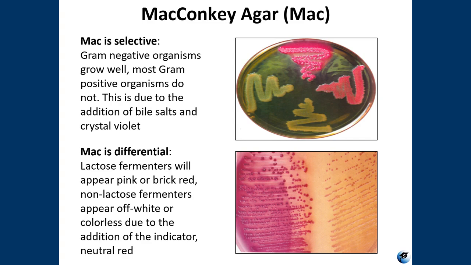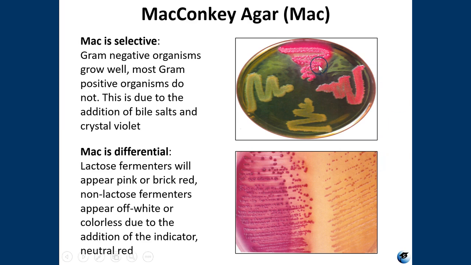So in general, gram-negative organisms will grow well, and most gram-positive organisms will not. It is differential for lactose fermentation. Your lactose fermenters will appear pink or sometimes brick red. Non-lactose fermenters will appear off-white or colorless due to the addition of the indicator, which is neutral red.